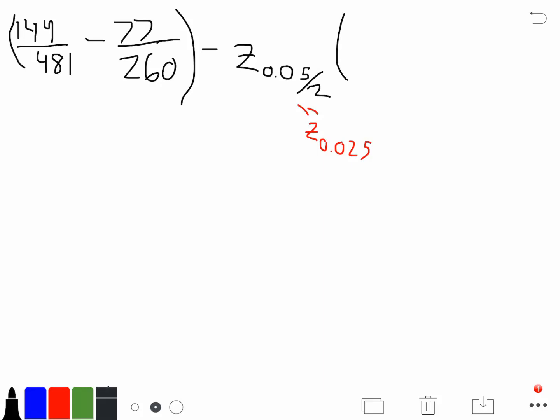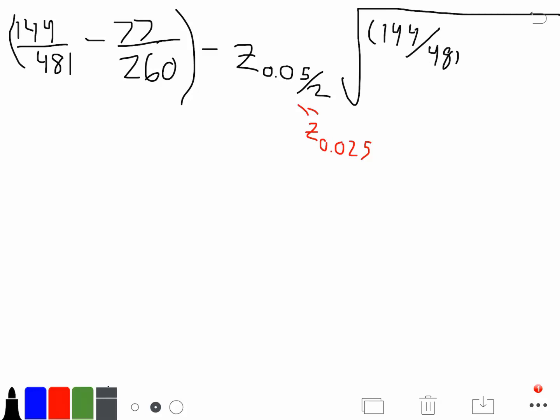Now this is times the square root. Don't really need that parentheses. Let's go ahead and just put the square root down of P1 hat, which would be 144 over 481, times the Q sub 1 hat, which would be 337.